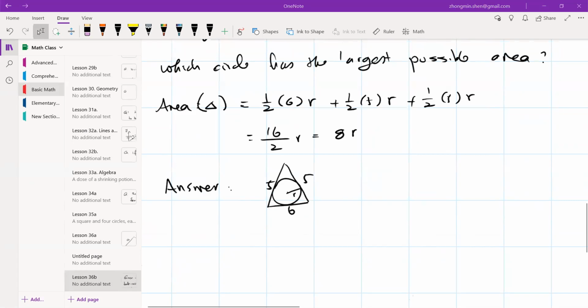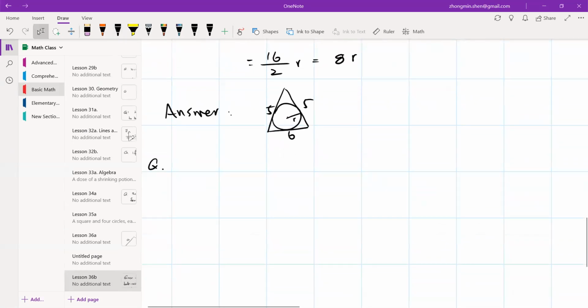So our next problem is going to be a rectangle also. Let me ask you the following question.